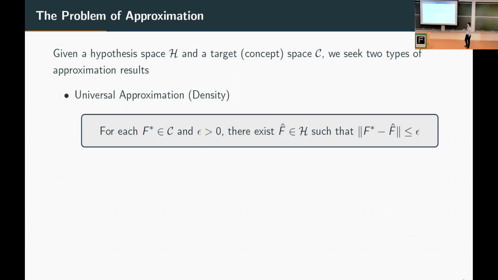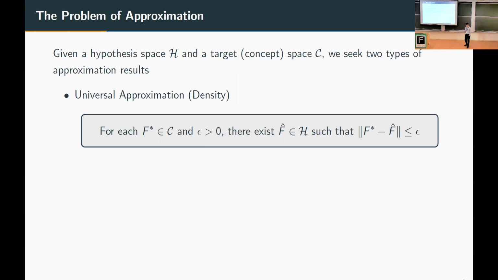It says that for each target function in my target space and some allowance epsilon, can I always find some function in my hypothesis space, I call it f hat, such that they are close up to epsilon? So if this is true, then of course we know that this H is dense in C under this norm. That means you can learn some arbitrary relationships in your target space.